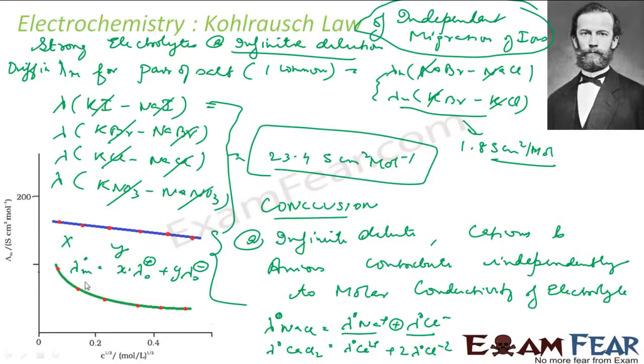Correct. For example, MgCl2 will give you 1 Mg cation and 2 chloride anions. So it will be lambda of Mg plus 2 of lambda chlorine. It's a general rule actually. It gives X cations and Y anions, then X into the molar conductivity of cations, because you are getting X number of cations, plus Y into molar conductivity of anion, because you are getting Y number of anions.